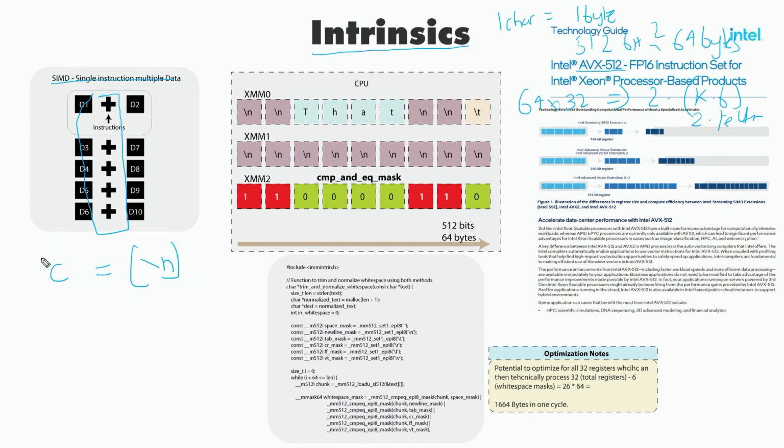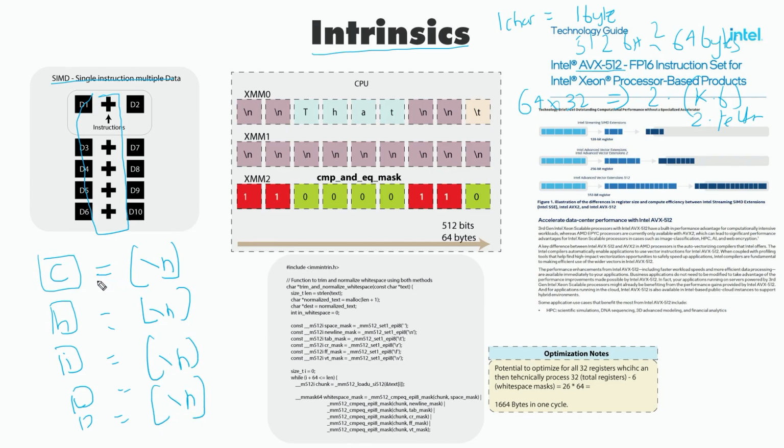So the data is, in this particular case, data 1 is C, and this could be, say, I have a word called CHILD, and I'm trying to compare whether they all are equal to \n, because I am trying to clean up and sanitize my data, trim the data. I can process this very quickly, and this is the same instruction. It's all compare and equal to, but the data is different.